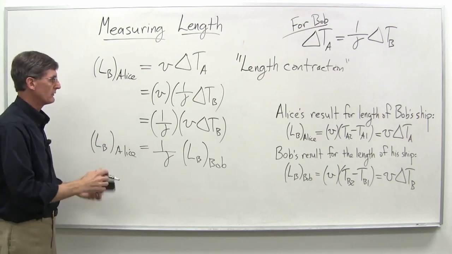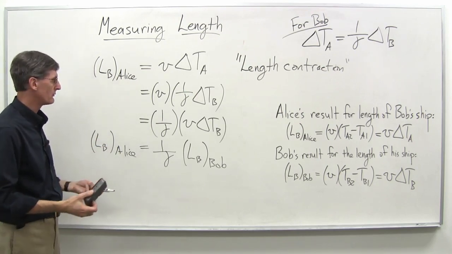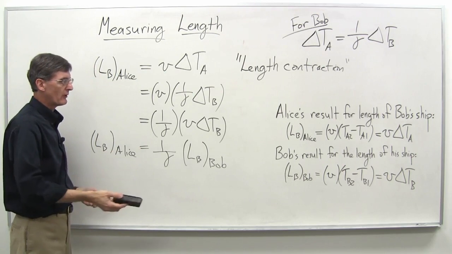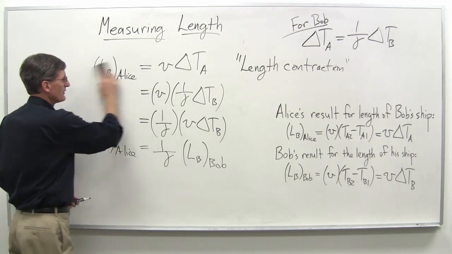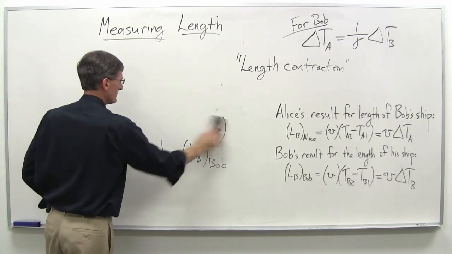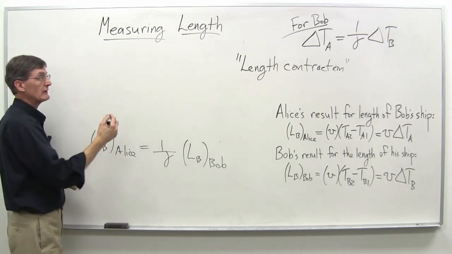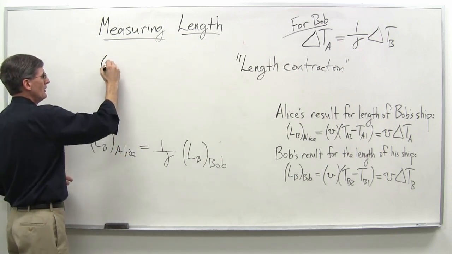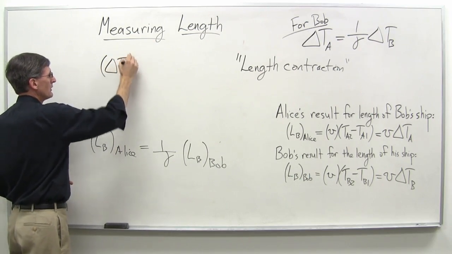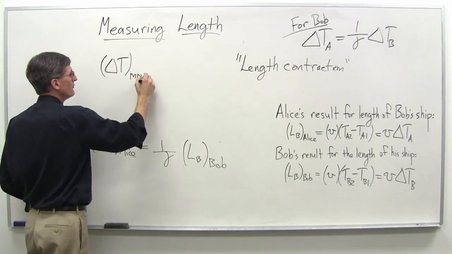So let's write our two equations in general terms here because we've been using Alice and Bob with them. So we can say for the time dilation equation, we have delta t moving.